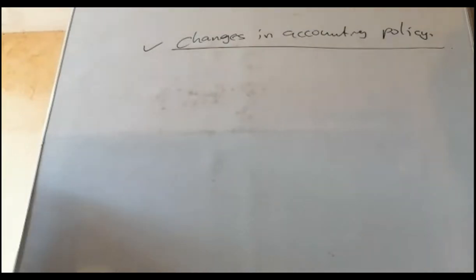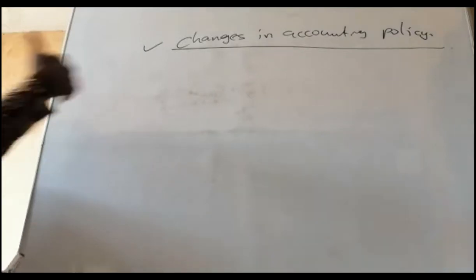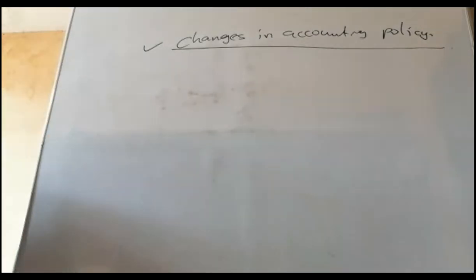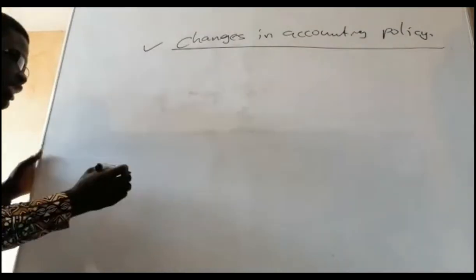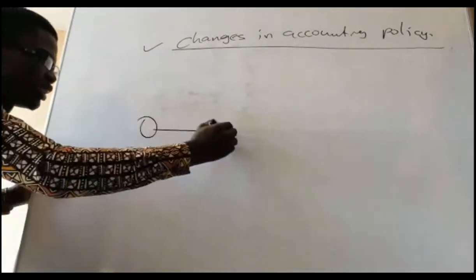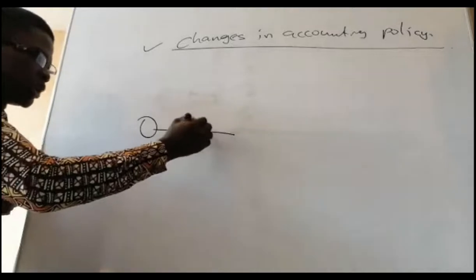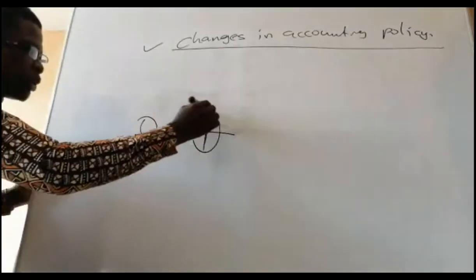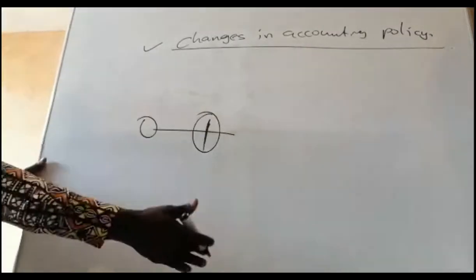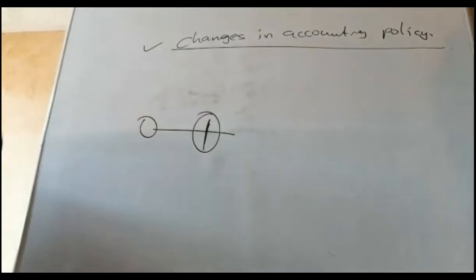A different accounting policy or a new accounting policy. So is it a change in accounting policy? The answer is no. So anytime the transaction changes and you adopt a new policy, it is not a change in accounting policy. Change simply means there was something running, going, and then all of a sudden you say, no, let me change the policy. But if you start something new, a new transaction comes with a new policy, no change in accounting policy.